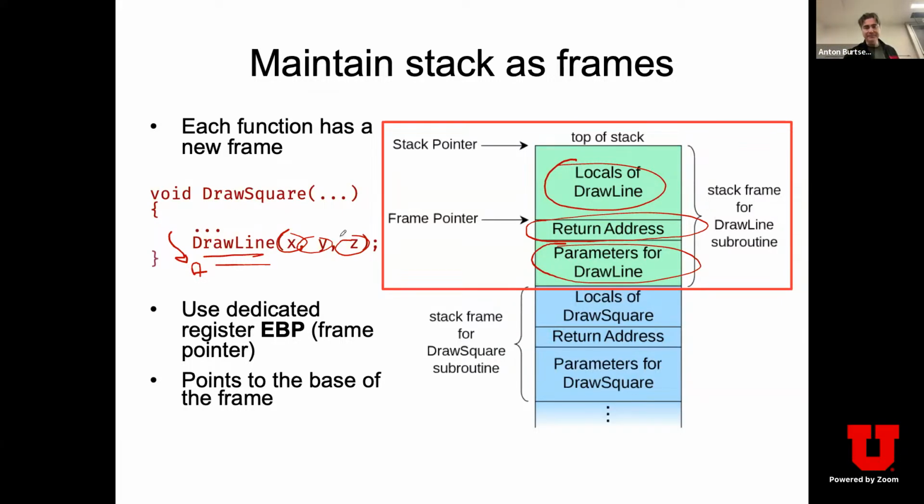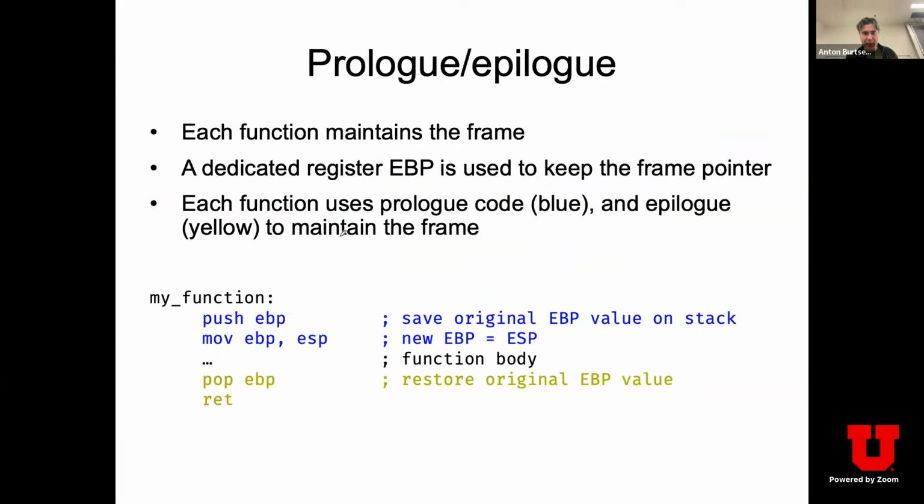So how it's done. What specifically is happening is, in order to maintain the stack frame, the compiler generates two things, which are called a prologue and then an epilogue, right? So on entry to every function, it generates these two instructions.